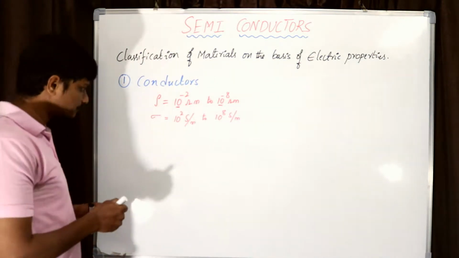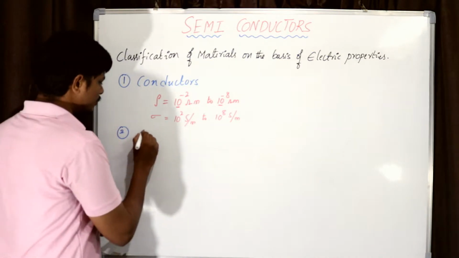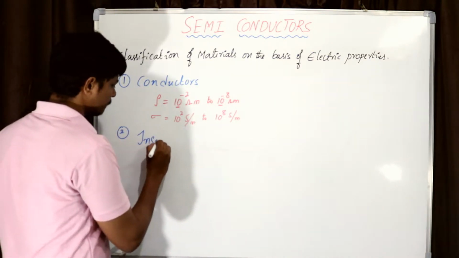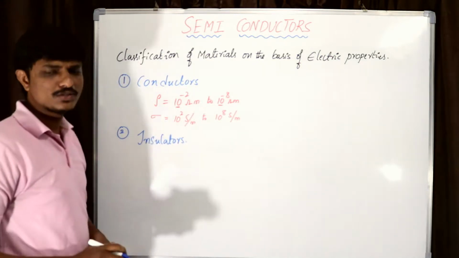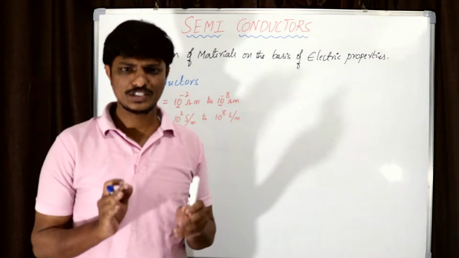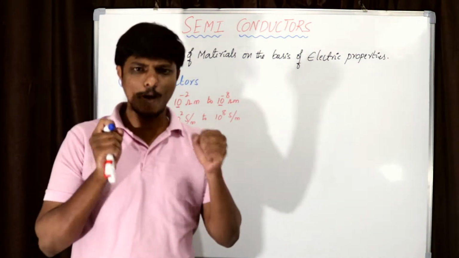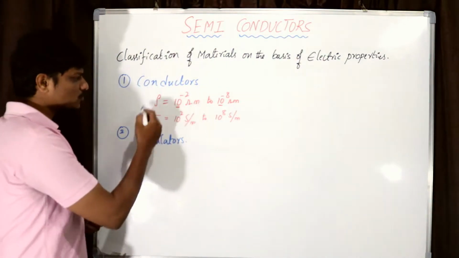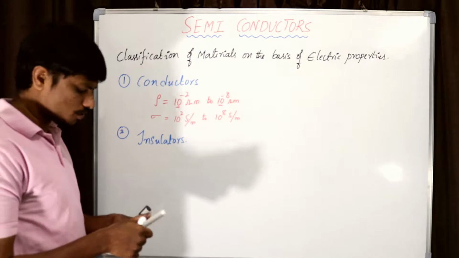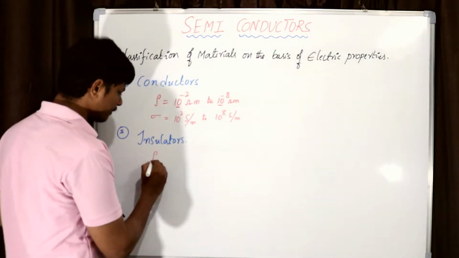Come to the next one, insulators. What is meant by insulators? Insulators are the materials which insulate against the flow of charge. They try to oppose the flow of charge through them. Let us look at these two factors for insulators.